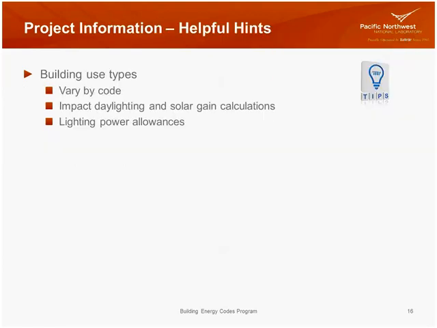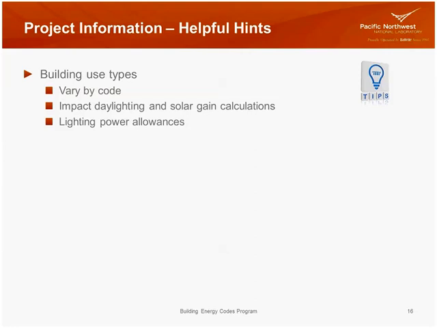So helpful hints. Building use types in COMcheck vary by code. What can also be impacted are daylighting and solar gain calculations, and the lighting power allowances change by building use type as well.